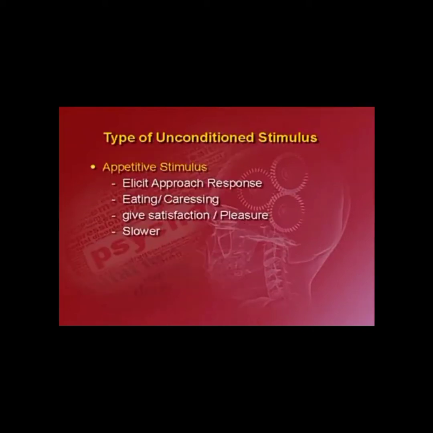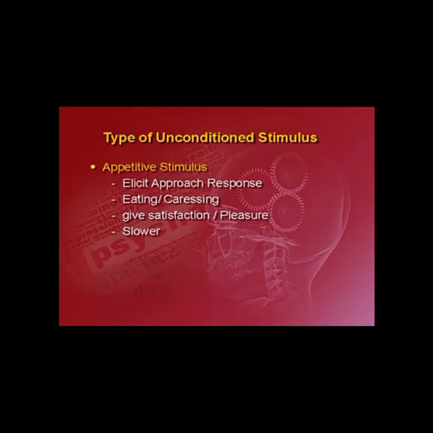Okay, students, now we'll discuss the second factor, that is the type of unconditioned stimulus. There are two types of unconditioned stimulus which have been used in classical conditioning experiments. First is appetitive stimulus.